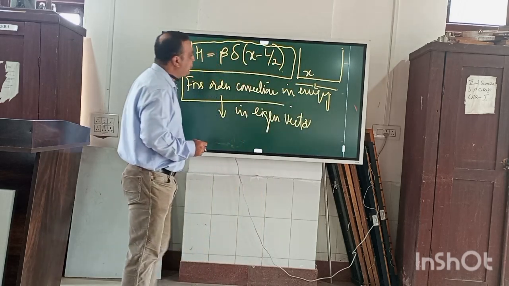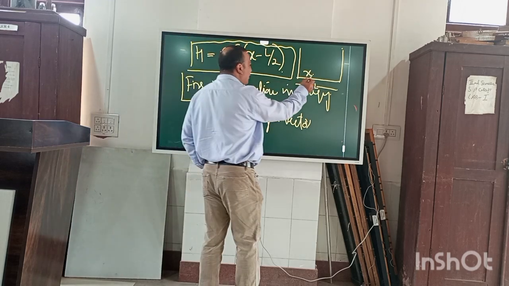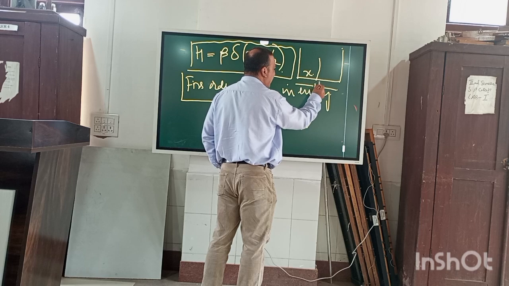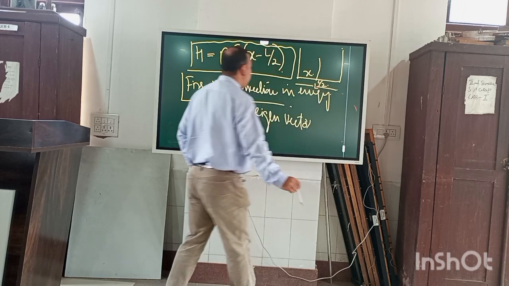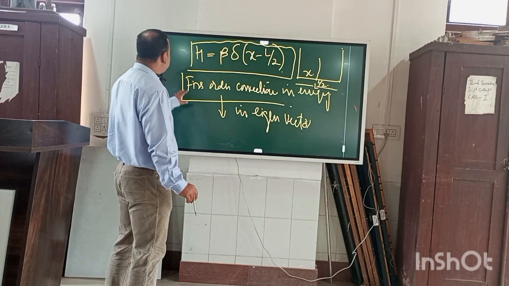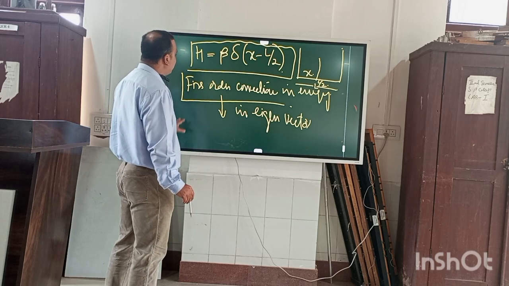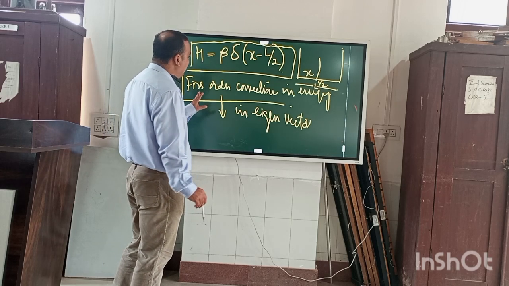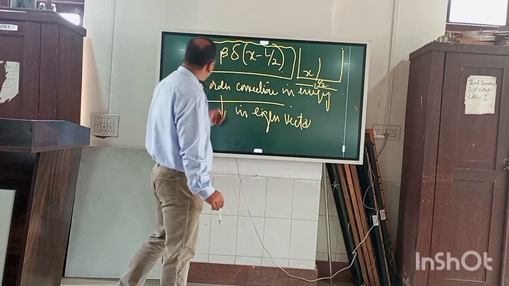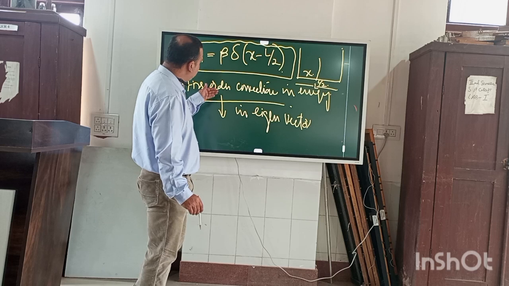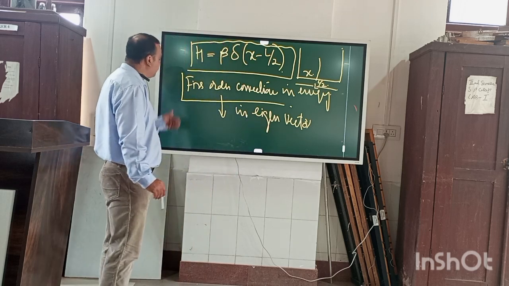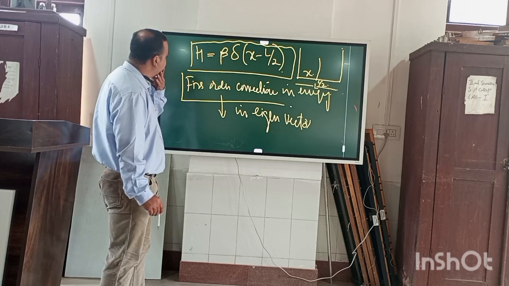We introduce a small perturbation at the middle of this potential at L by 2. We are supposed to calculate the correction in the energy of this system. The first order energy we have taken, we can go for other orders, and the correction in its eigenvector, or the first order correction in its wave function.